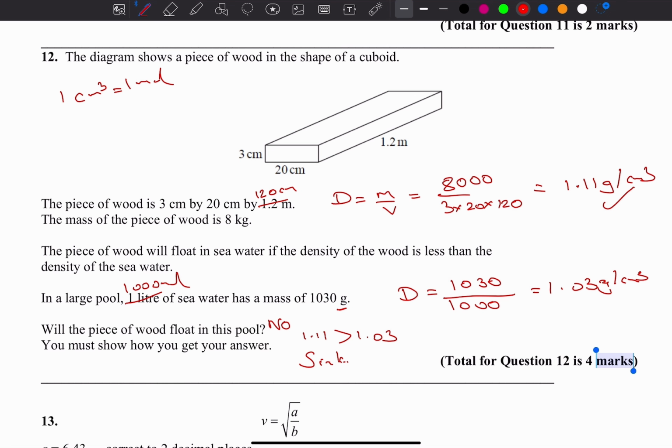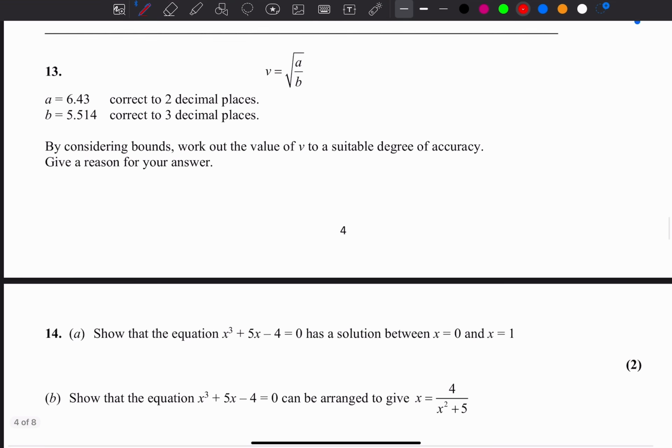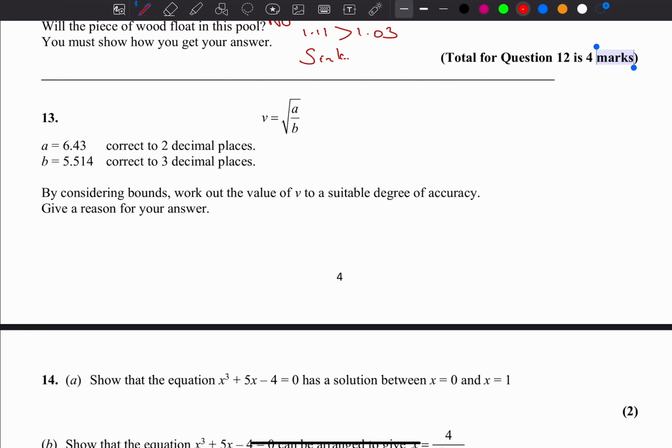Next one. Okay. Upper bound, lower bound, work out the suitable degree of accuracy. That's easy. 6.435, 6.425, 5.5145, 5.5135.